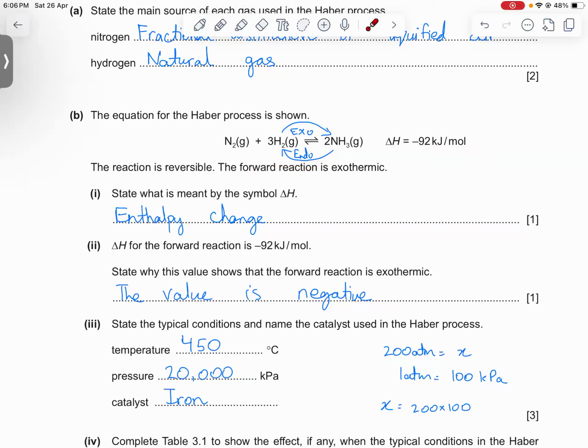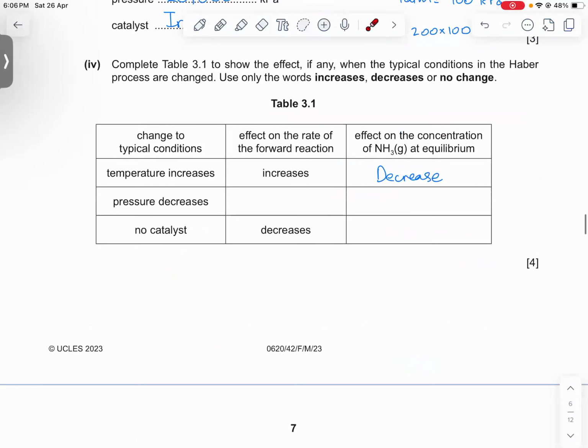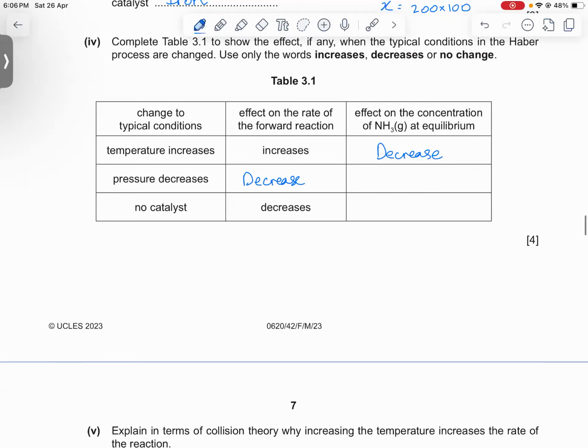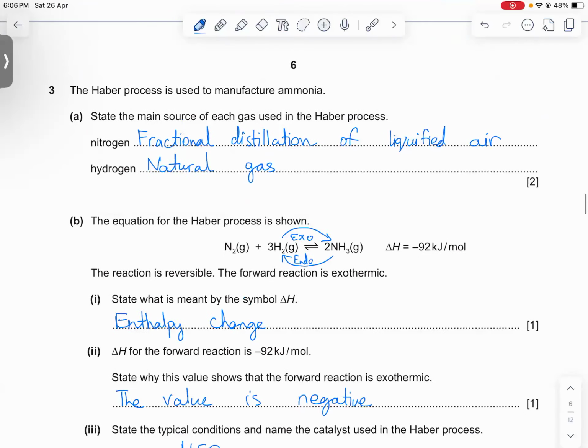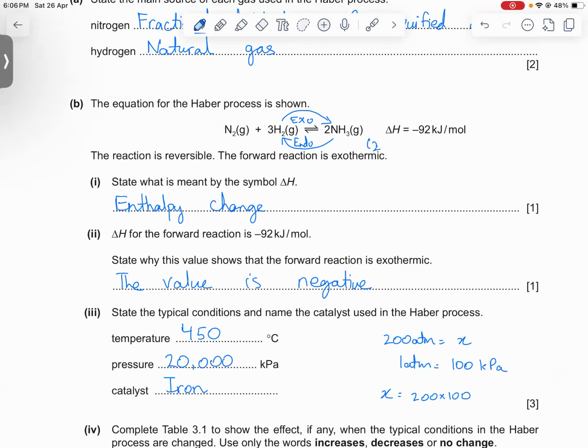Now let's talk about pressure. This side has 2 moles of gas, this side has 4 moles of gas. If we decrease the pressure, then first of all, the rate of reaction would decrease. Why? Because a decrease in pressure decreases the rate of reaction of gases because they become further apart, so fewer particles per unit volume. That is how you define it. And what will happen to the equilibrium concentration though? The forward side has 2 moles of gas and the backward side has 4 moles of gas, right?